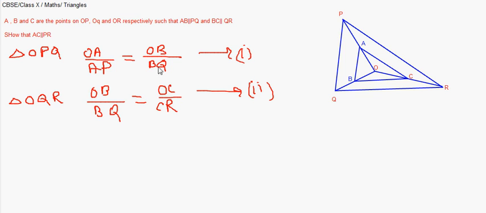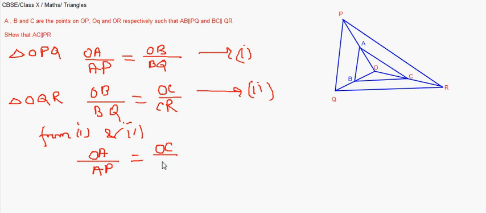Now look at these two, OB by BQ is common, thereby making OA by AP. From equation 1 and 2 we can say that OA by AP is equal to OC by CR.